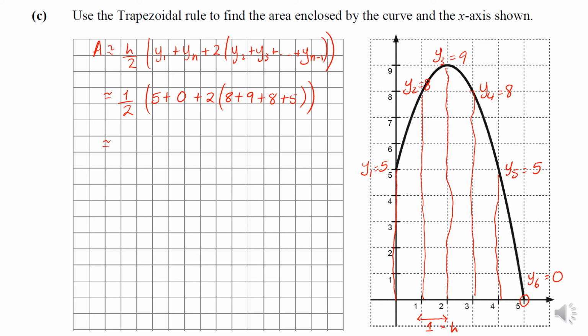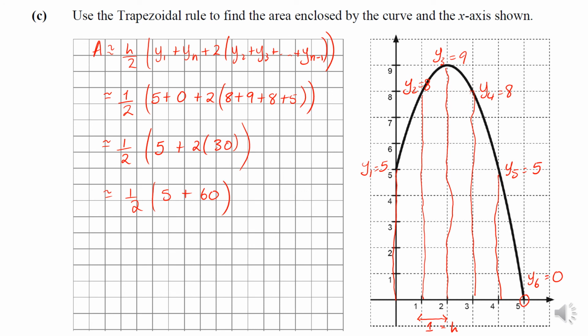Now let's work out what's inside the brackets first before we go any further. So we can add the 5 and the 0, that's just 5, plus 2 times. Now remember your BIMDAS, you're going to do what's inside any brackets first. So 8 and 9 and 8 and 5 is 30 in total. So we'll have a half times 5 plus 60.